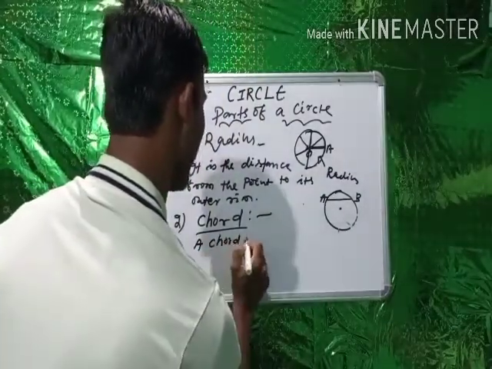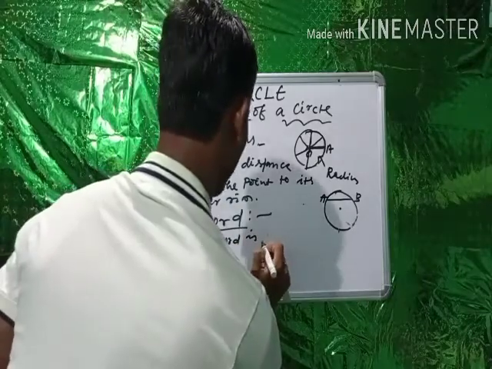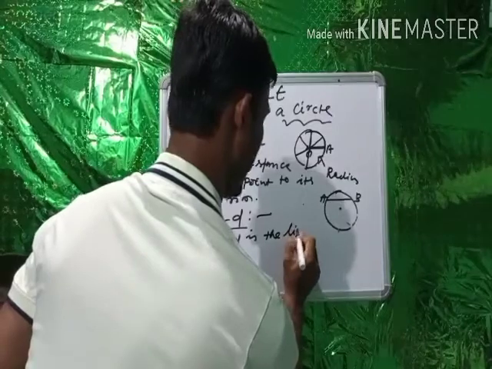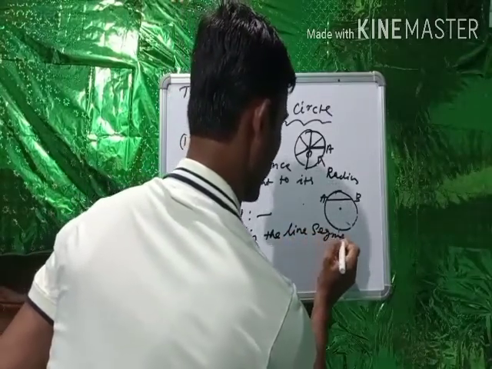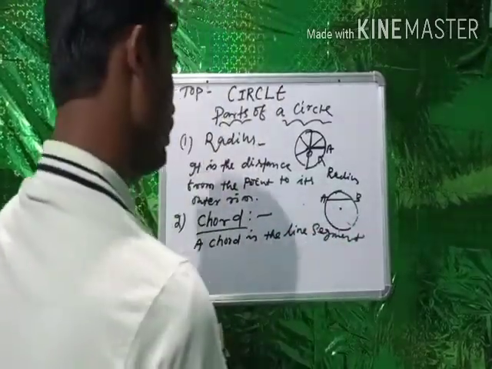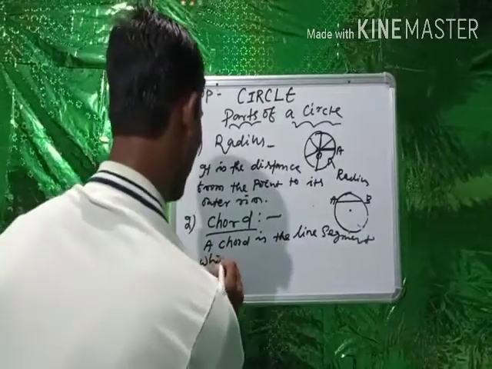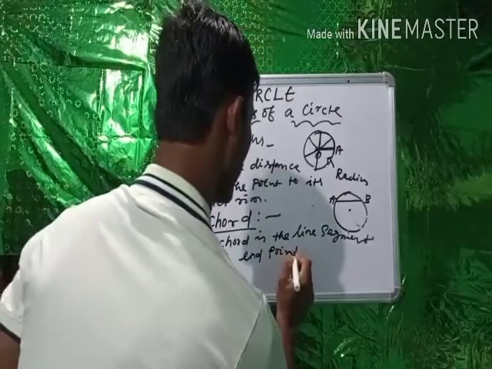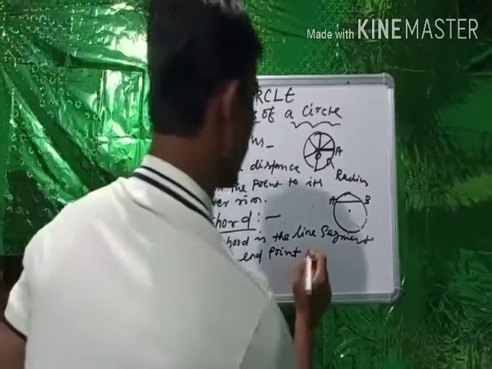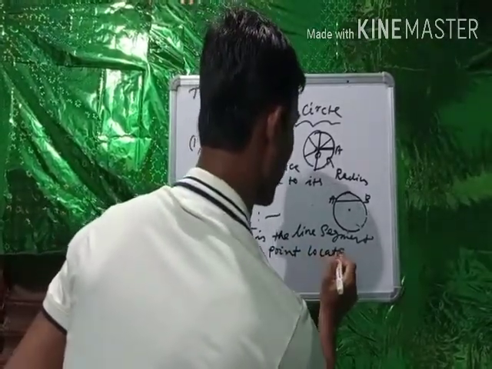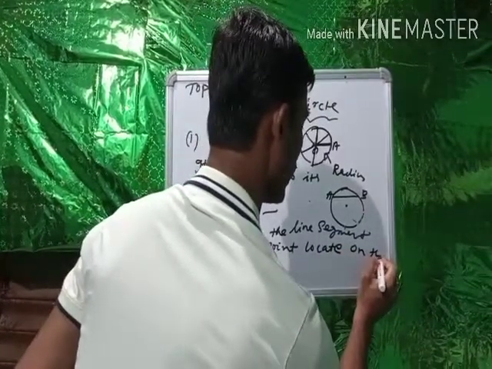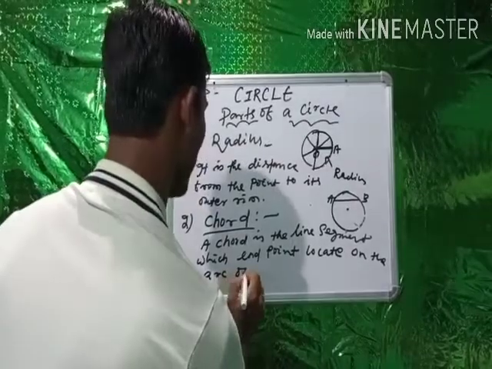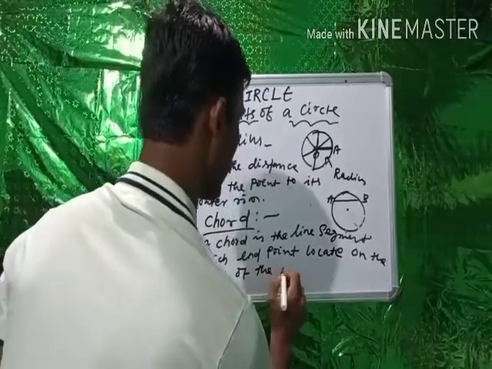A chord is the line segment whose endpoints are located on the arc of the circle.